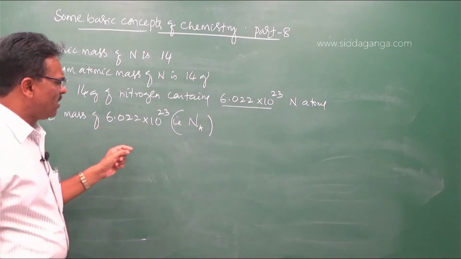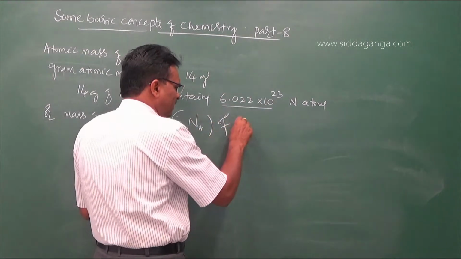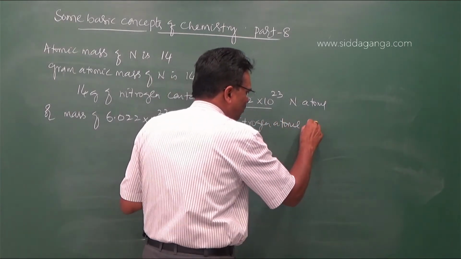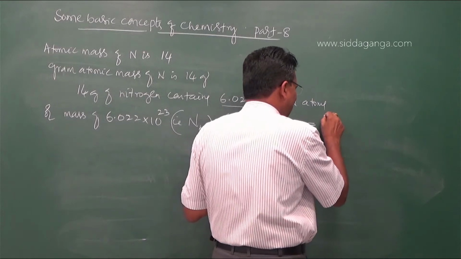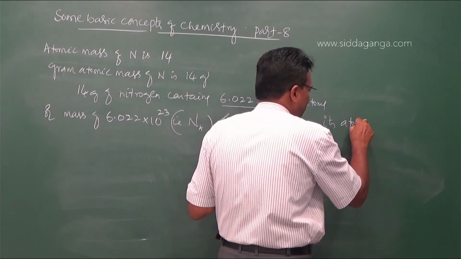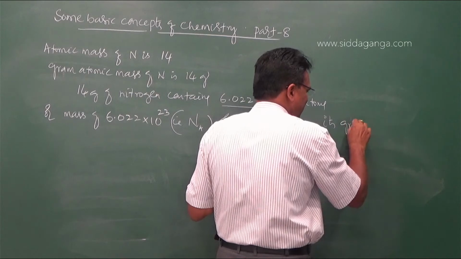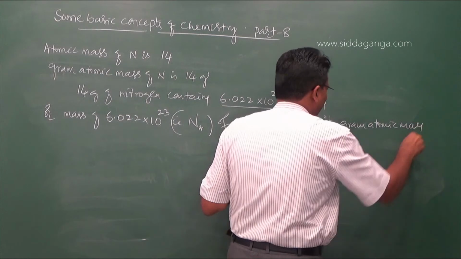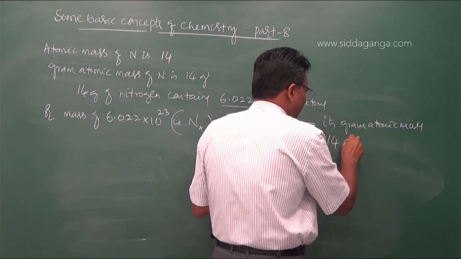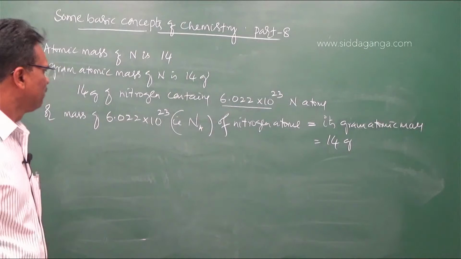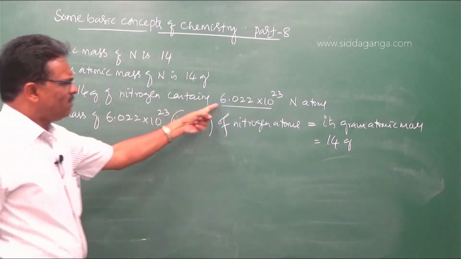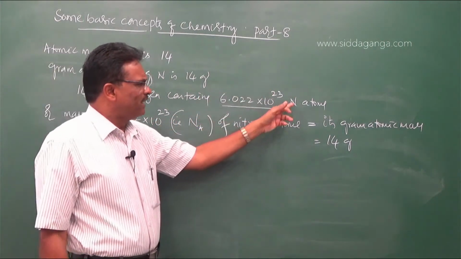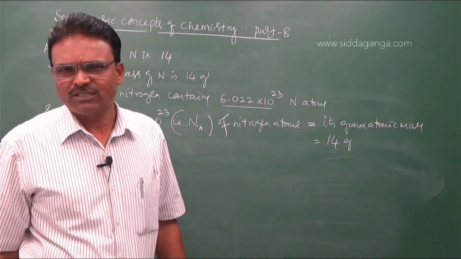So the mass of Avogadro number of nitrogen atoms is equal to its gram atomic mass. The atomic mass is 14 gram. Clear? 14 gram contains Avogadro number of nitrogen atoms. So the mass of Avogadro number of nitrogen atoms is nothing but its atomic mass.